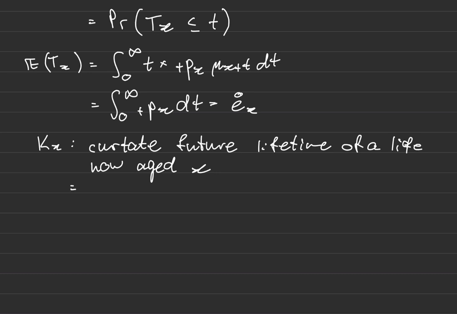And this is going to be equal to the floor of the complete future lifetime. So what I mean by that is if someone's complete future lifetime is 2.5 years, then the curtate future lifetime is going to be 2 years. So it's the floor of 2.5. I just cut off that decimal. So I'm looking at the number of whole years of life that they have left.